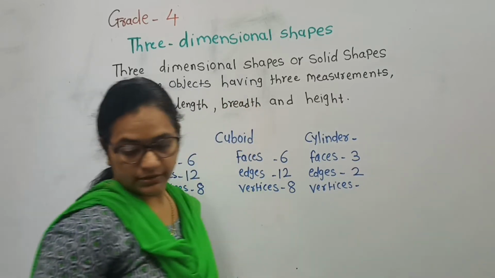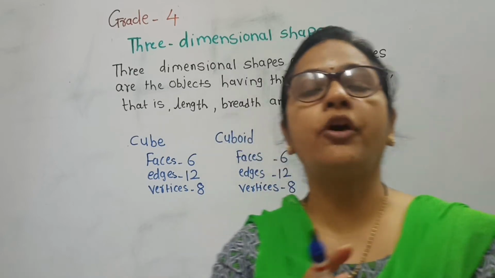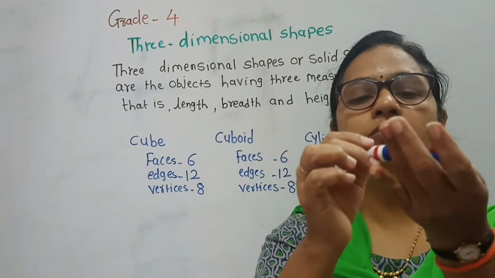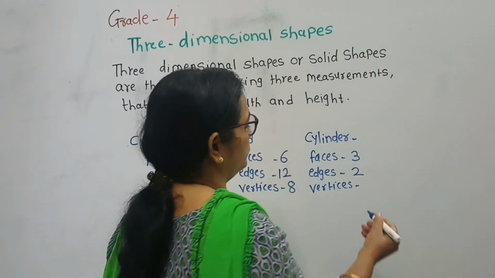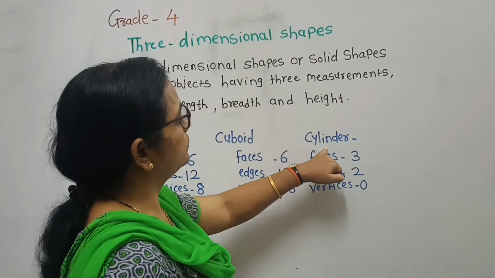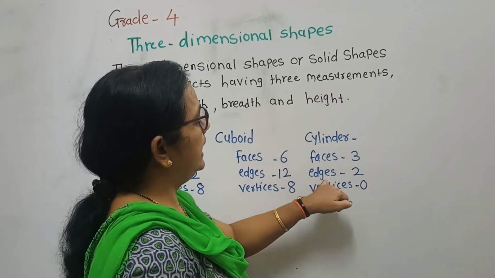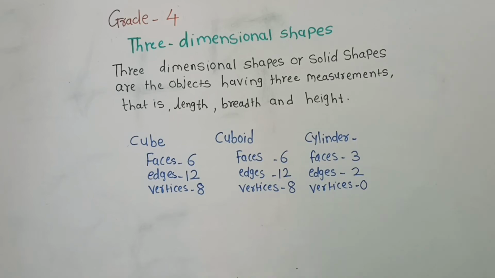Okay. Yes. It doesn't have a vertex. Okay, so how many vertices? 0 vertices a cylinder has. So faces 3, edges 2 and vertices 0. Okay.